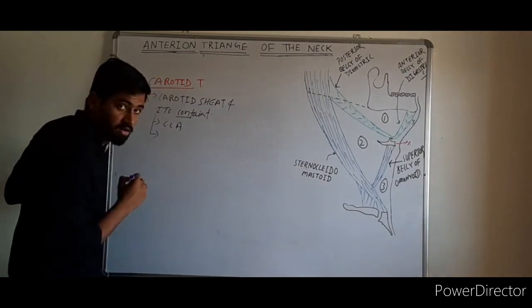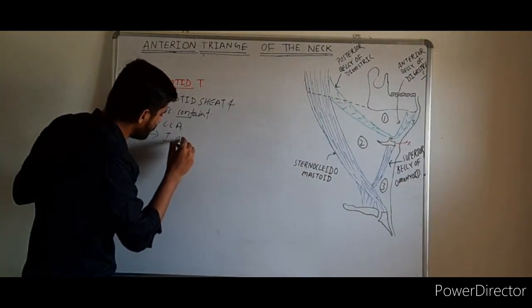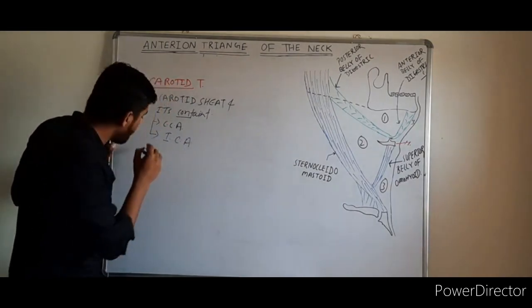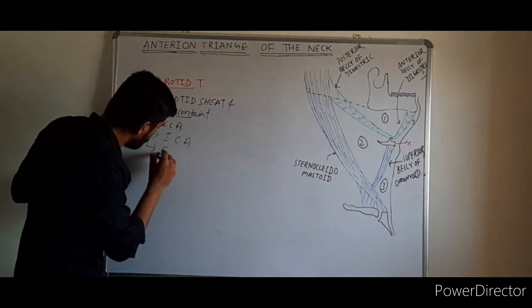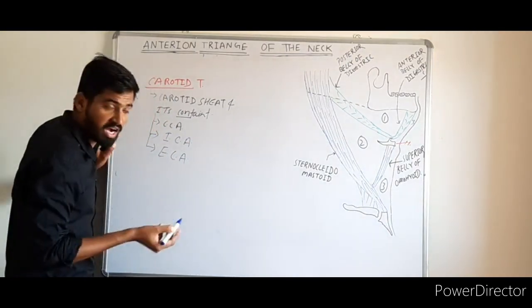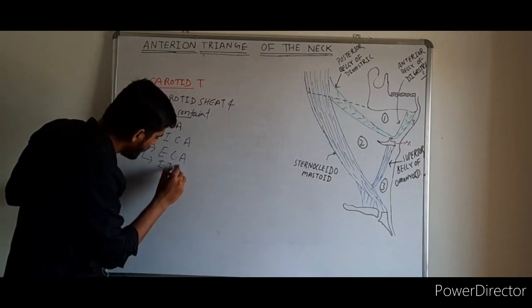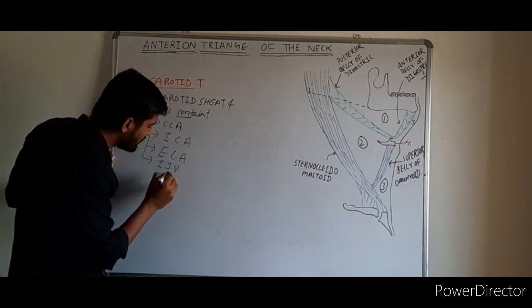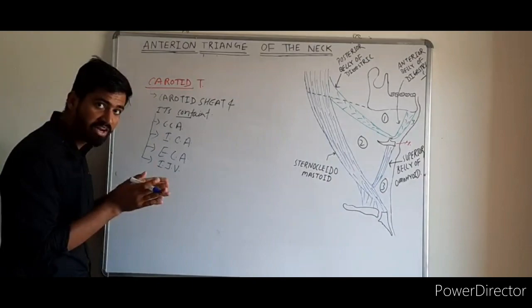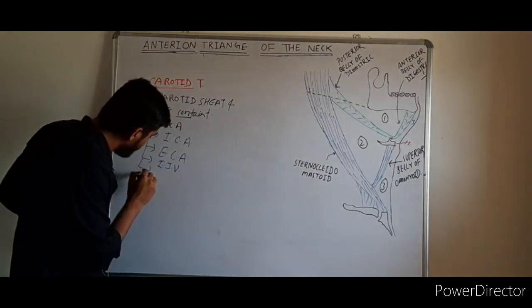After that, internal carotid artery. After that, external carotid artery. And after that, internal jugular vein. And what is the structure between the internal jugular vein and the carotid artery? That is the vagus.